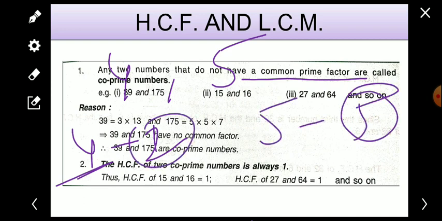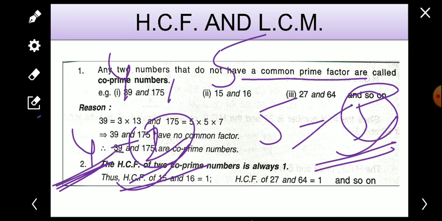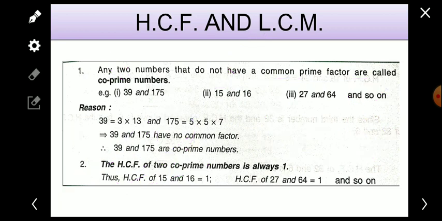Factors of 4 are 1, 2 and 4, but here we are talking about prime factors. So the prime factor of 4 is 2, the prime factor of 5 is 5, so nothing is common here. If no prime factor is common, then both the numbers are called co-prime numbers. So 4 and 5 both are known as co-prime numbers.